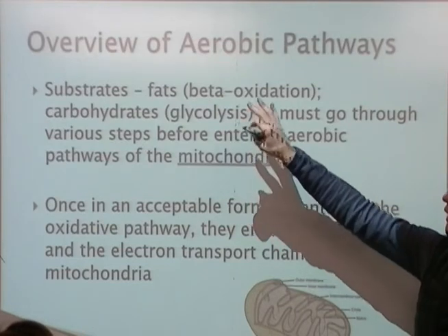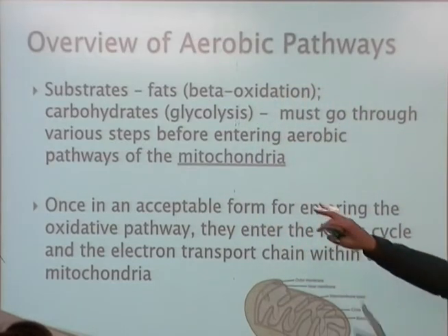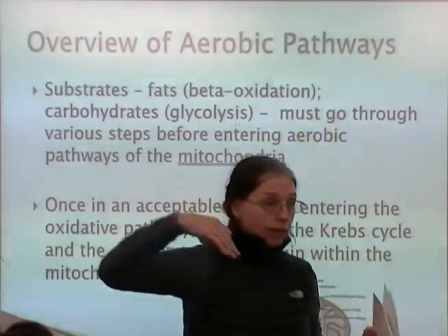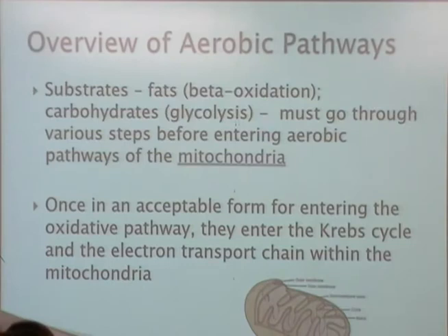So, if I'm working aerobically, then I can use my carbohydrate via glycolysis. I can break down stored fat. So my triglyceride that's in my fat cell, we can break that down by a process called beta oxidation.